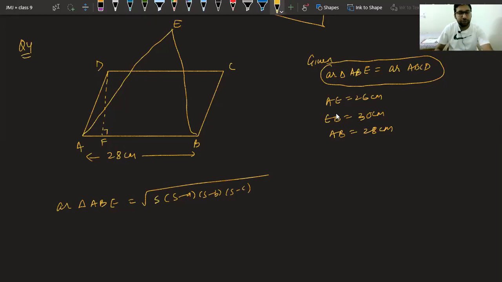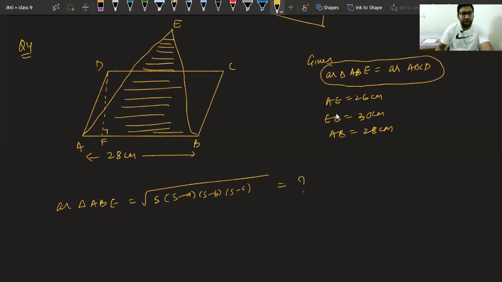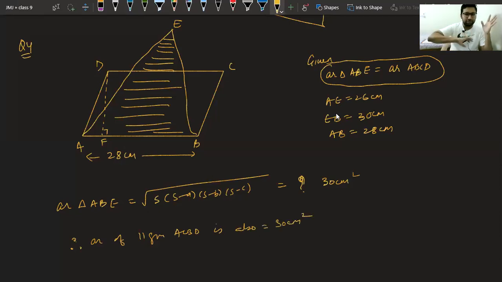Okay, now see. So we have to find first the area of this triangle ABE. Suppose we have found it, it came something. Suppose the value came as 30 centimeter square. Then you can say that the area of parallelogram ABCD is also 30 centimeter square. I've just assumed this value. Okay, this is not the solution.